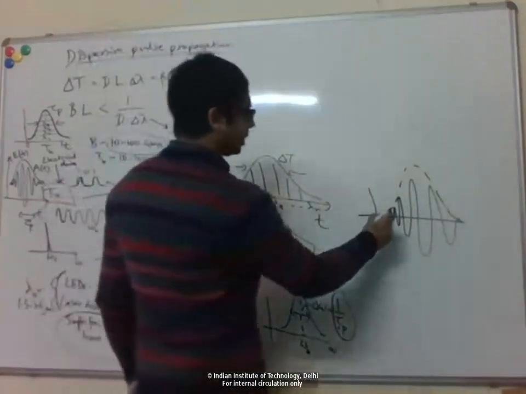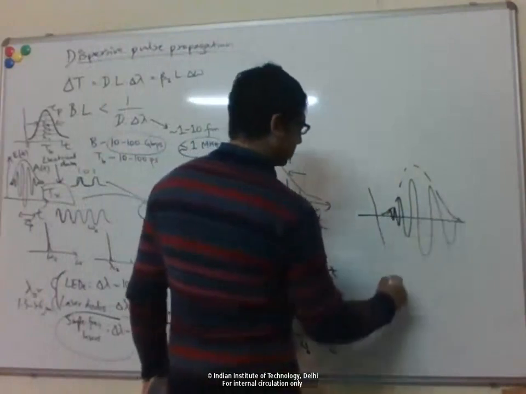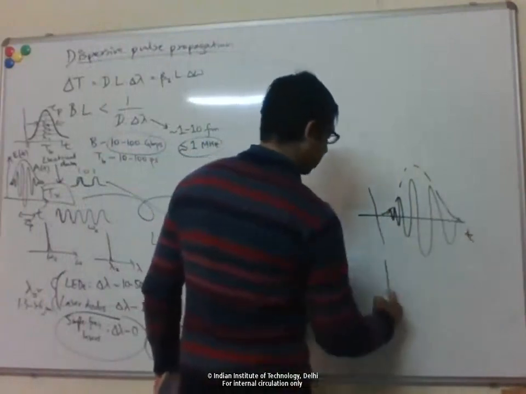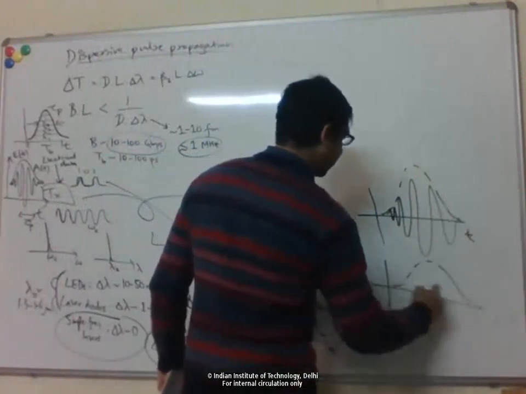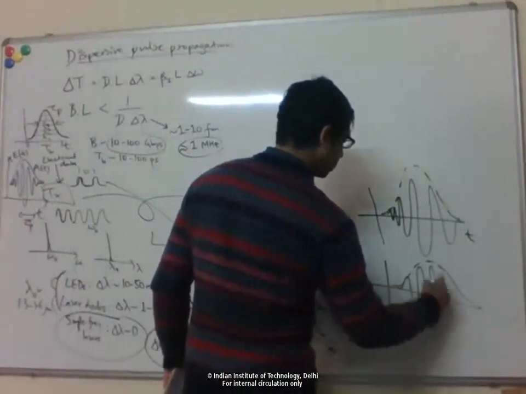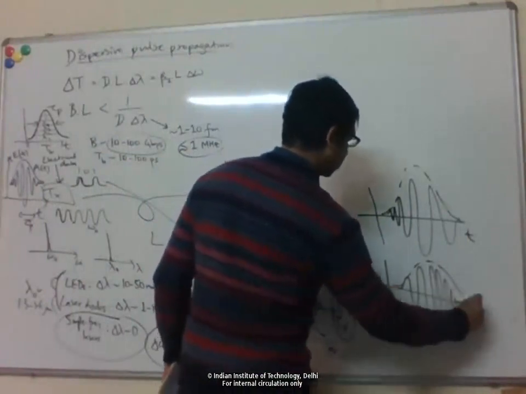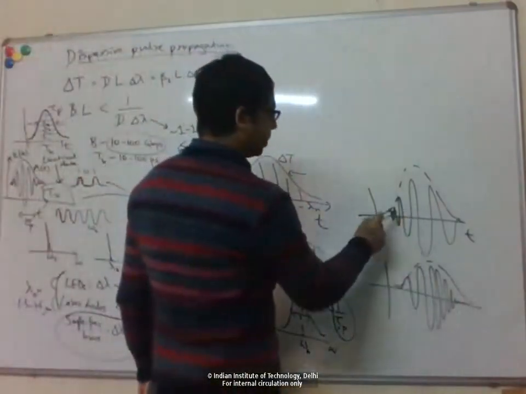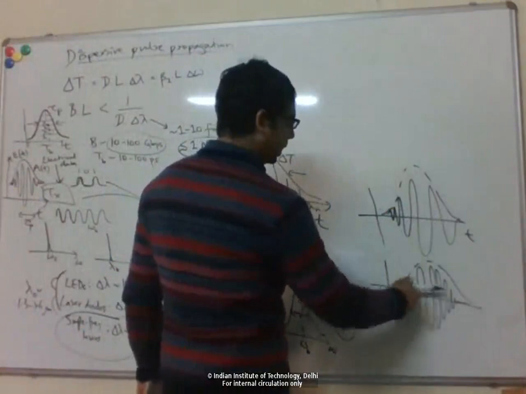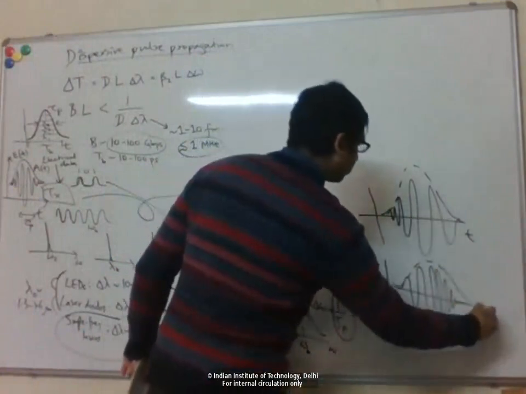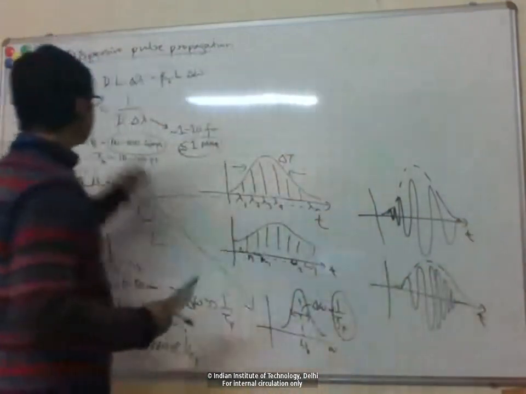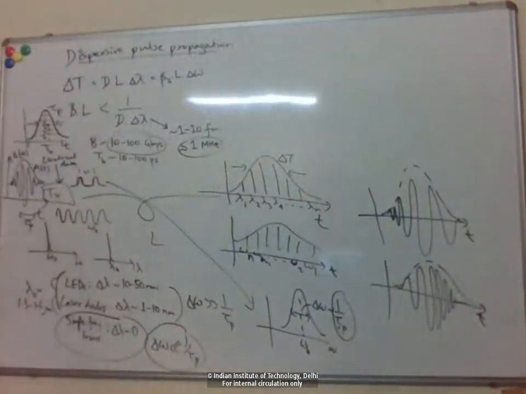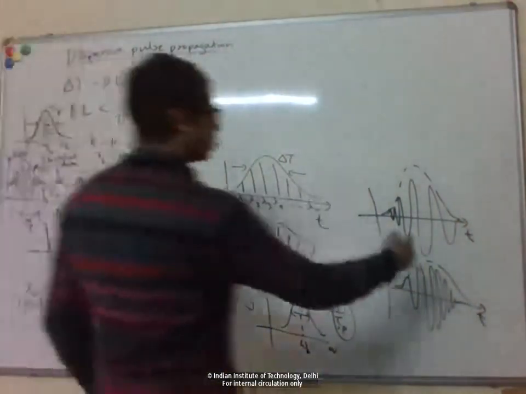Either this instantaneous frequency will decrease or increase with time, depending on the sign of the dispersion. So this carrier frequency will increase or decrease with time, depending again on the sign. This is known as a chirped pulse.